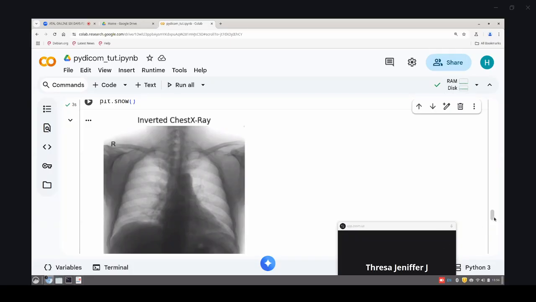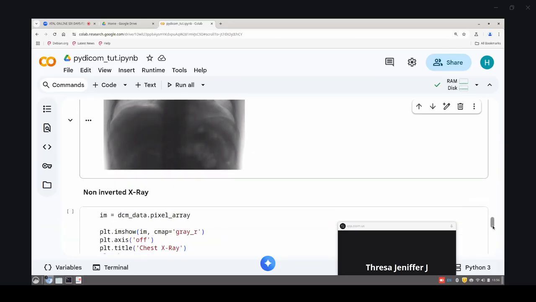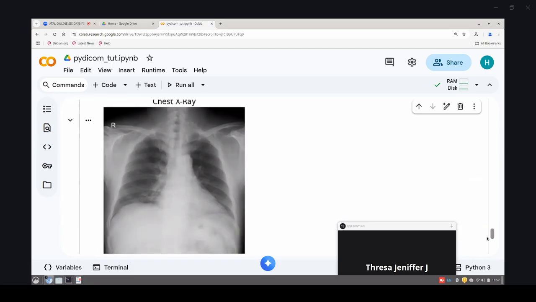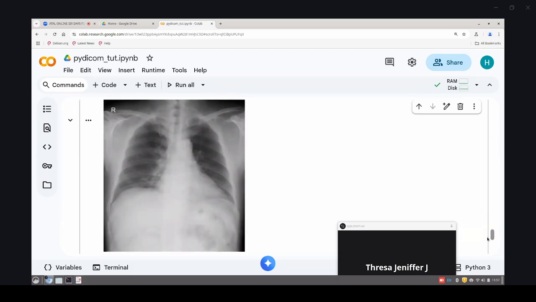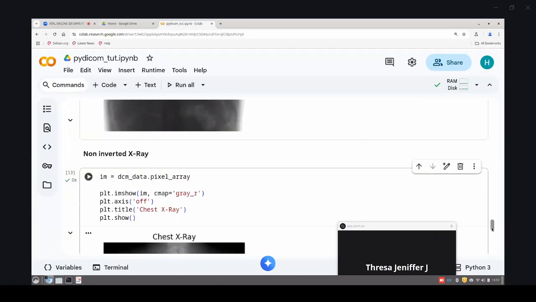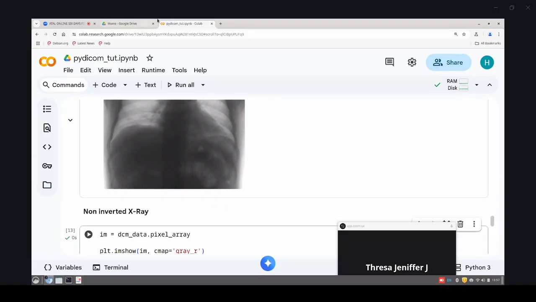These inverted X-ray images can also be plotted using libraries like matplotlib, and original X-ray images can also be plotted for the DICOM images using this PyDICOM library.